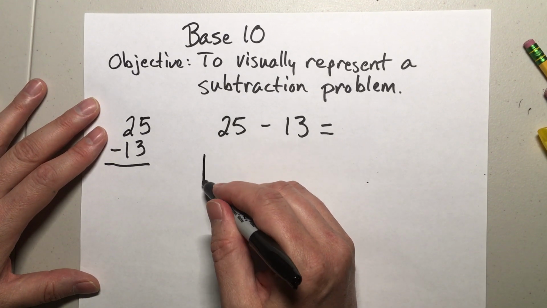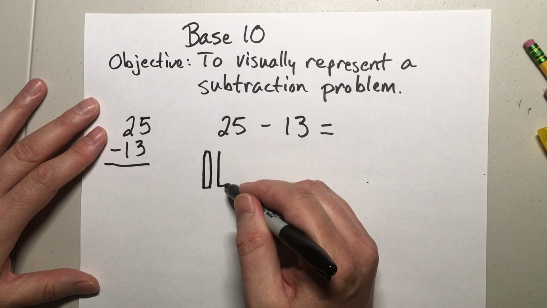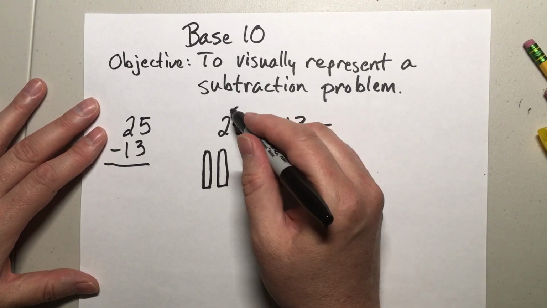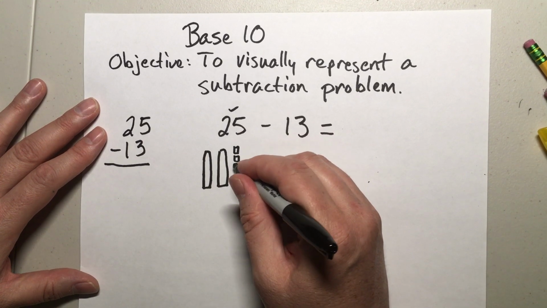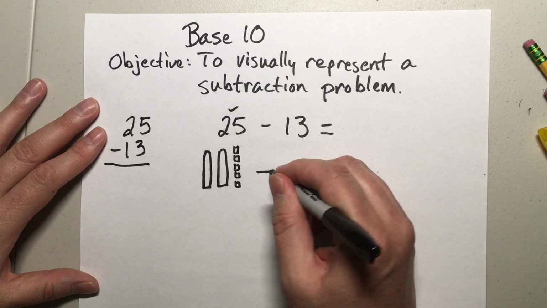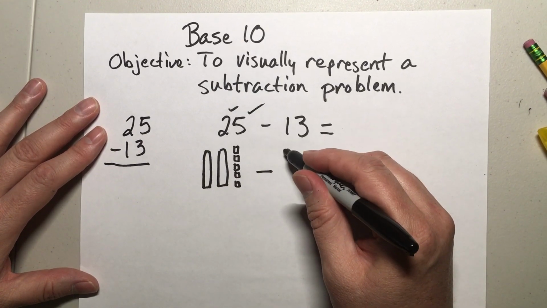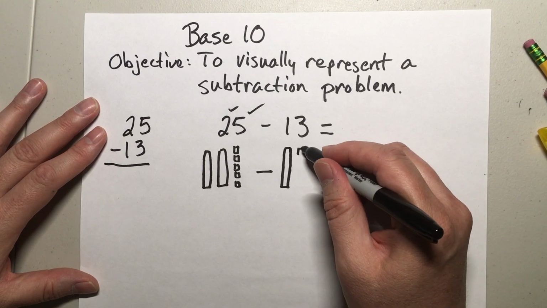So now I'm going to use two longs, right? 10, 20. That represents this 20 here. And then I'm going to take 5 small cubes. And then I'm going to subtract that from 13, which is 1 long and 3 small cubes.